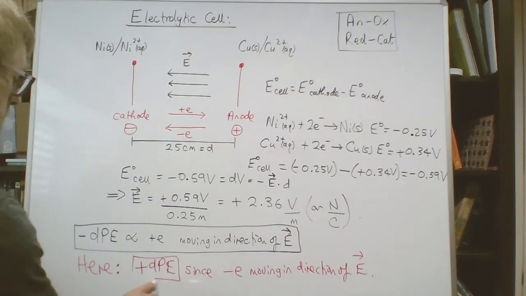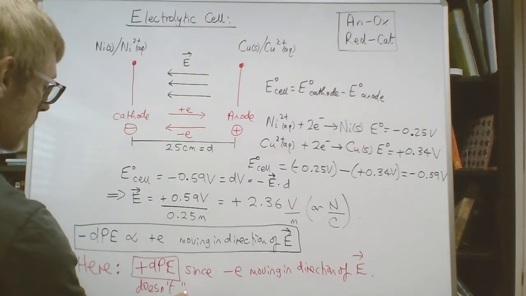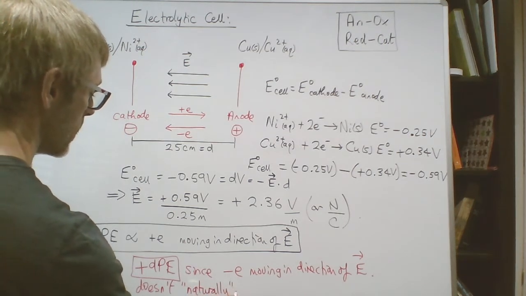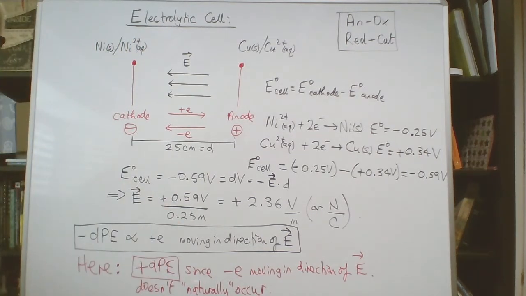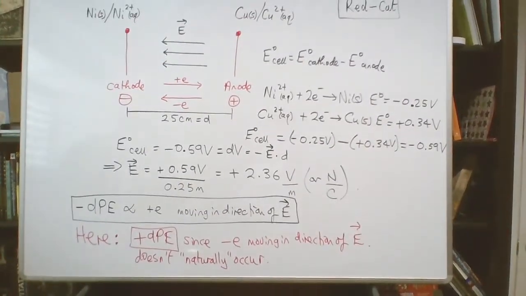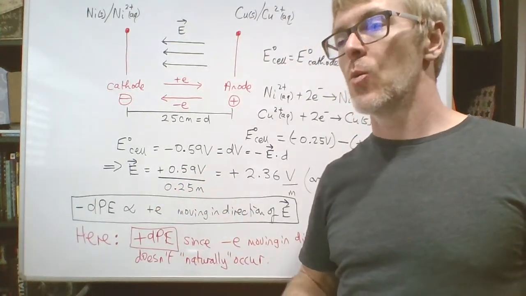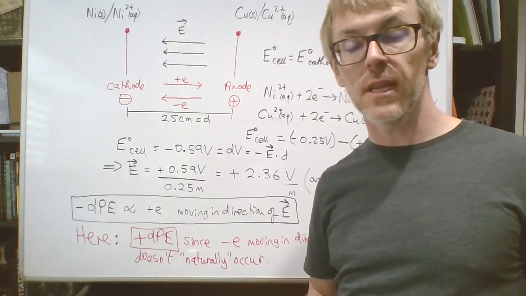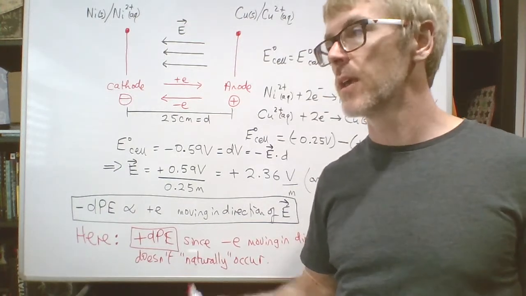Now, because of this, it doesn't, and I'll use quotes, naturally happen. So it must be forced. It doesn't naturally happen, it must be forced. And so you can think of an electrolytic cell as an appliance, where an appliance like a TV has the ability to conduct electrons, electric flow, but you have to force it by connecting it to a main supply or a battery supply.